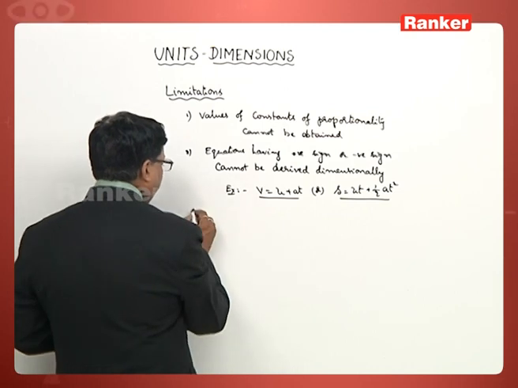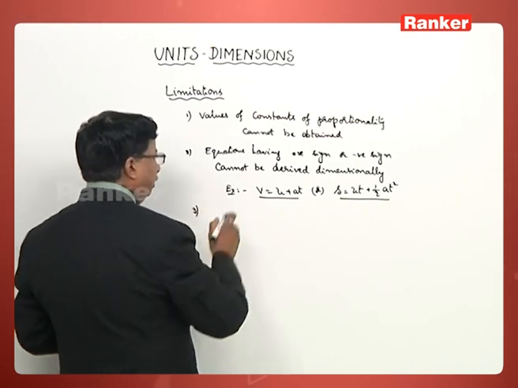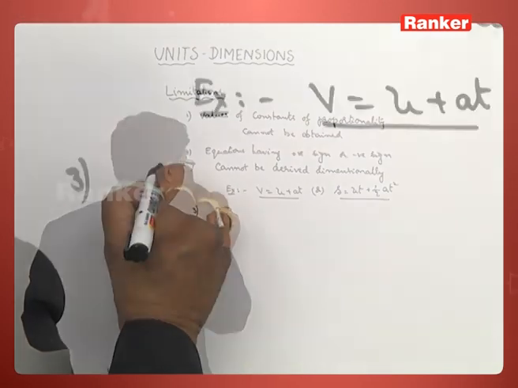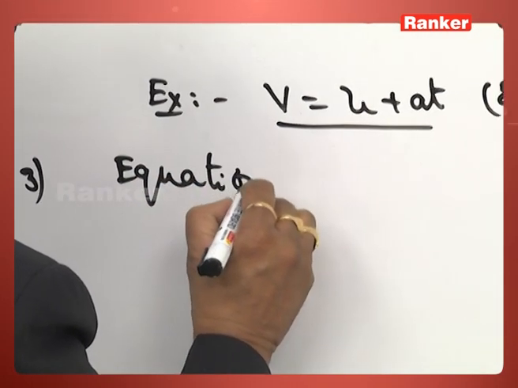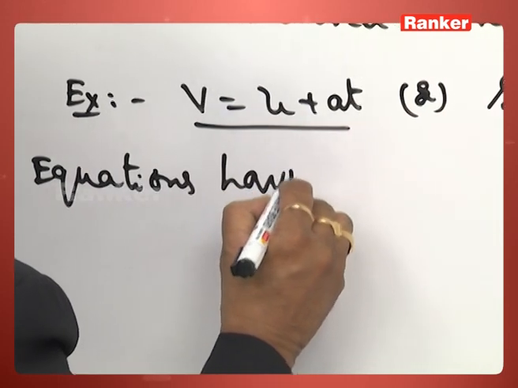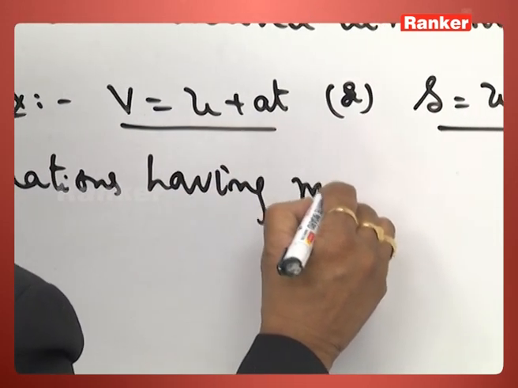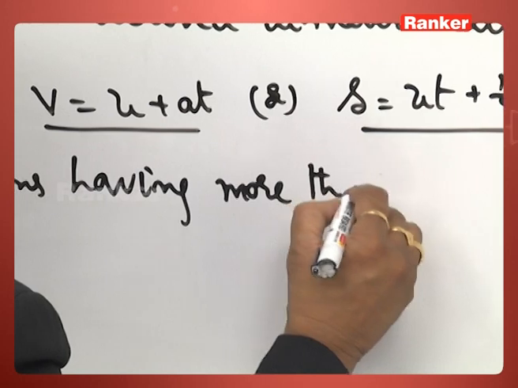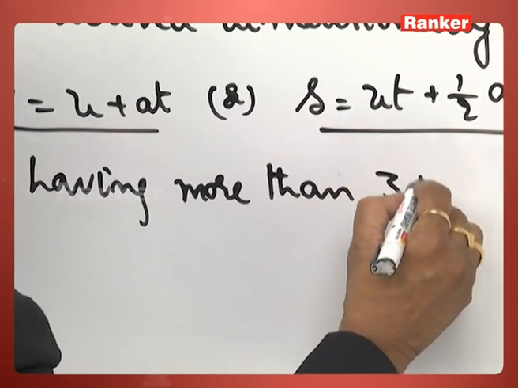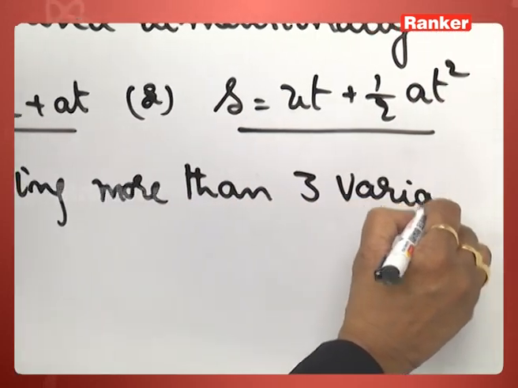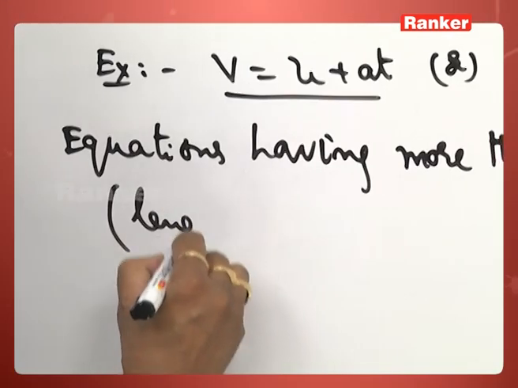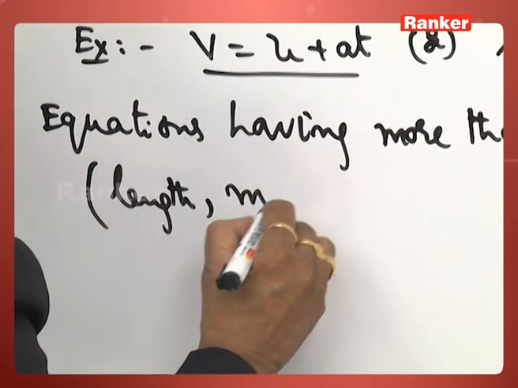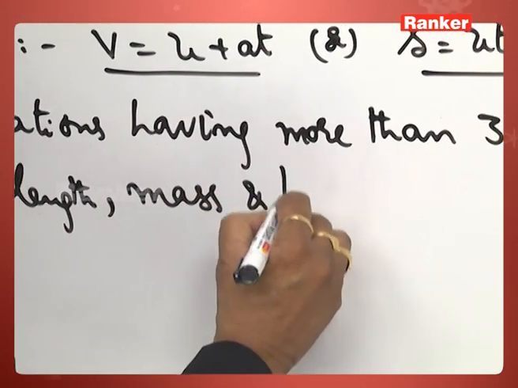What is the next one over here? If you consider equations having more than 3 variables, more than 3 variables. What are the 3 variables? Length, mass and time.